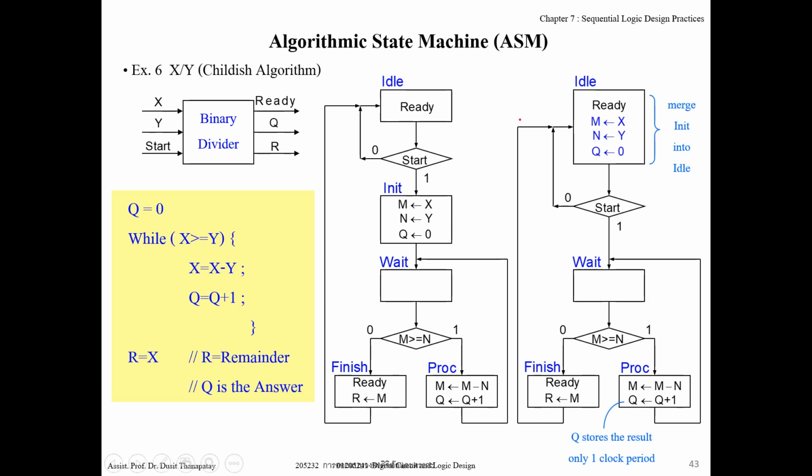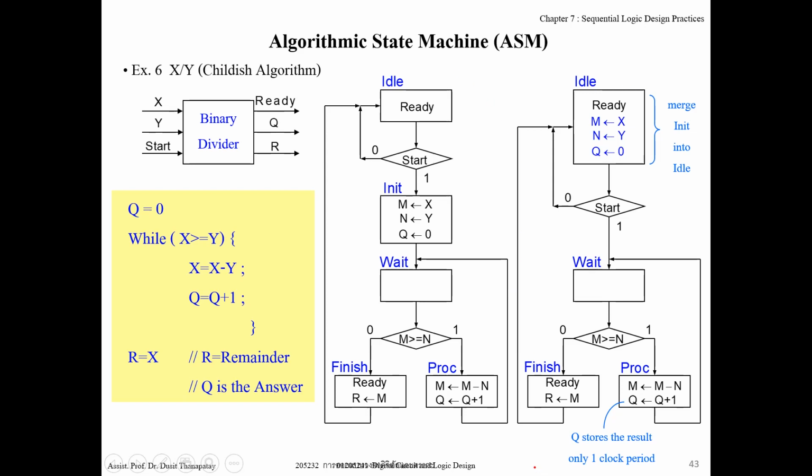I mean, at state idle, if start is 0, you just wait for the user to press the input to make start 1. During waiting, you can assign the initial values to the registers. If start is still 0, then you assign the same values. So that means you can reduce the number of states. Now it becomes 1, 2, 3, 4. So you can use 2 bits to represent these 4 states.